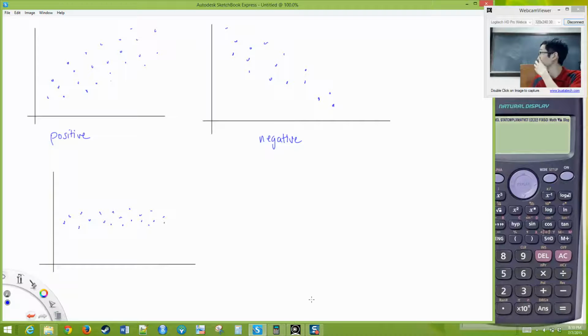What do we say here? Neutral. Yeah, so it's neither positive nor negative. Here we would say no association, okay? So this is neither positive nor negative. So we would say no association, okay?